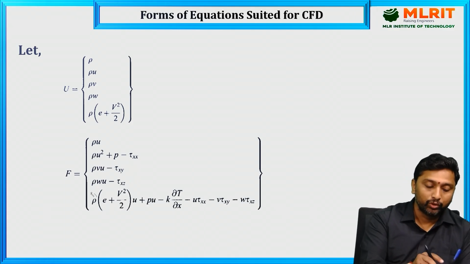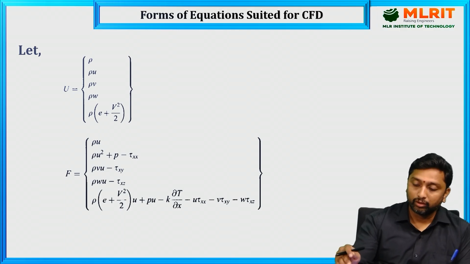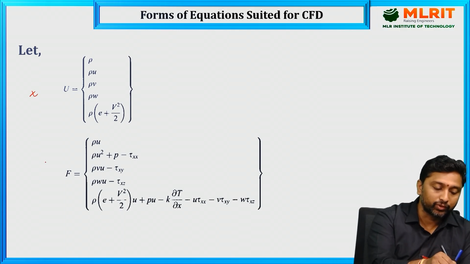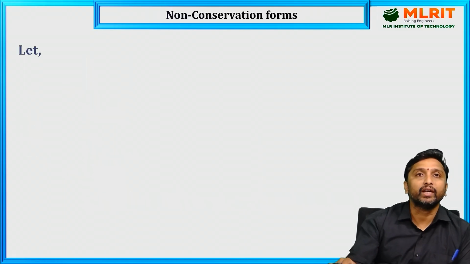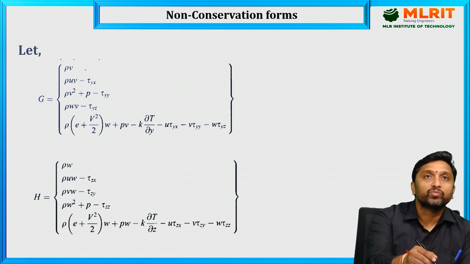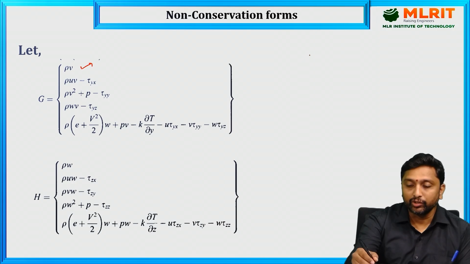Now hope you understood. Similarly, if we go with respect to y, this is with respect to time, this is with respect to the x coordinate. Now similarly, if you go for y and z, you will end up with this kind of equations. You can see rho v is the dou rho v by dou y in the continuity equation.